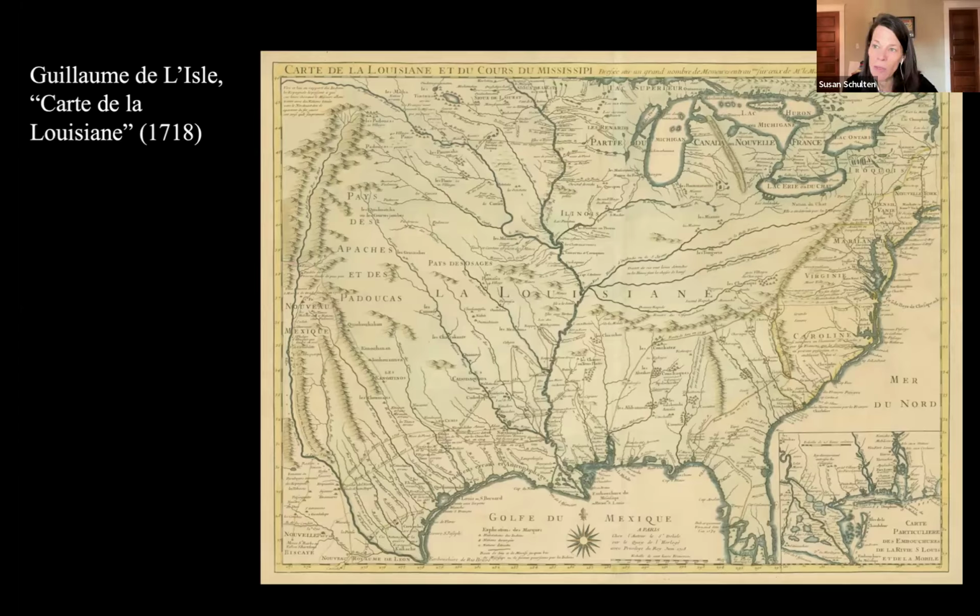And the other way we know that, Matthew, is that most maps of North America in the next few decades mimic Delisle's geography. They copy him, and that's really interesting. Even if Moll shades it differently, his map largely looks like Delisle's map. And so they're so frustrated because this guy has really knocked it out of the park, right? He's made this incredibly accurate map, but he's bent it to his own purposes.